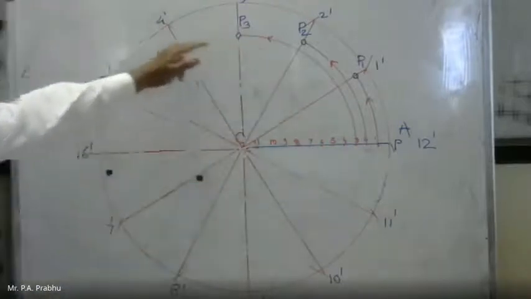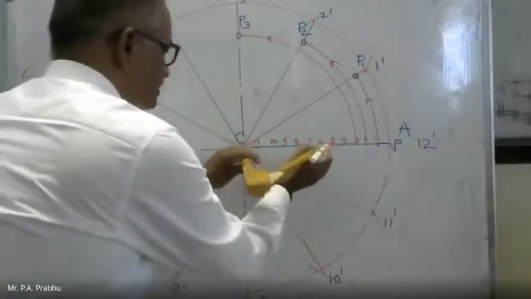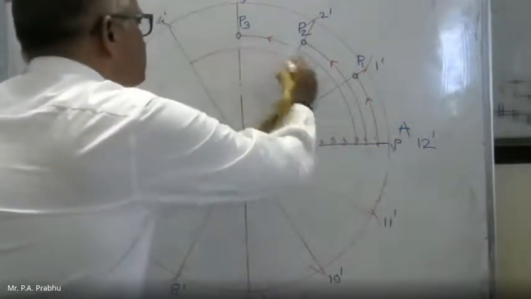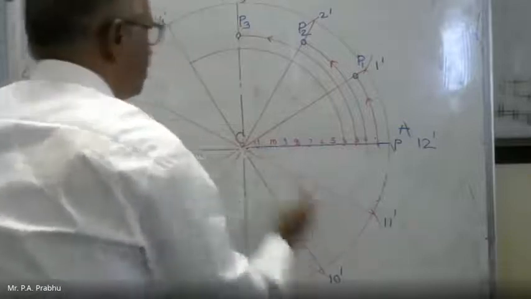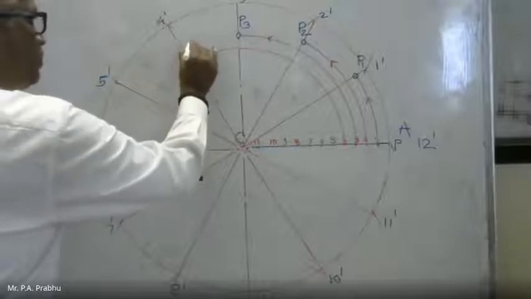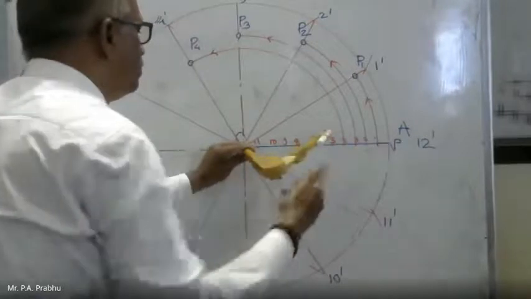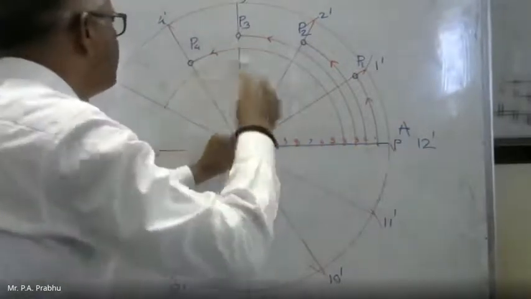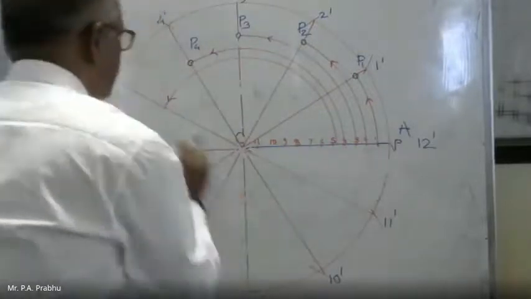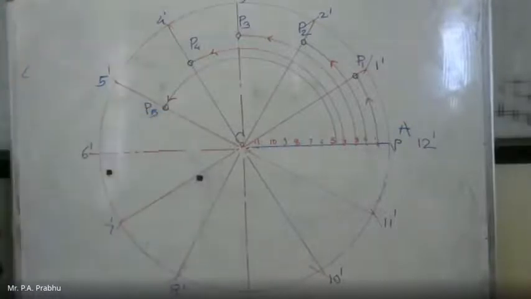So now it goes on, increasing the motion of the line by one division. Next one, O4, P4. Next position, O5. Both these motions are uniform.